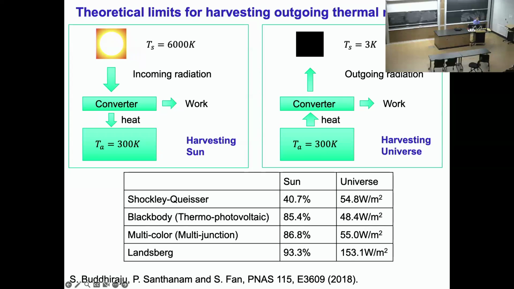It turned out that these two are very closely related, and you can compute the power density limit of this harvesting of outgoing radiation, and the theoretical limit ranges from 55 watts per meter squared in Shockley-Queisser all the way to the Landsberg limit of 150 watts per meter squared. And this number is about 3 orders of magnitude larger than the experiments that we have done.